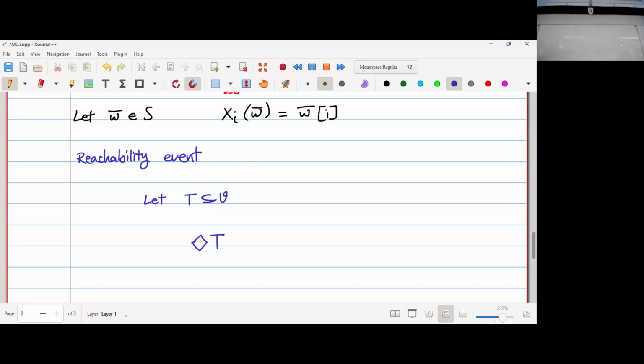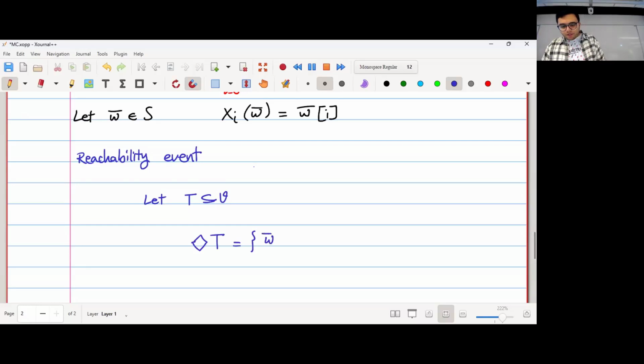So diamond T means, well, the way we read this is eventually T. So the set of paths that eventually at some point reach T, okay? And sometimes when people can't type diamonds, they just use F. But anyway, diamond T is going to be this.